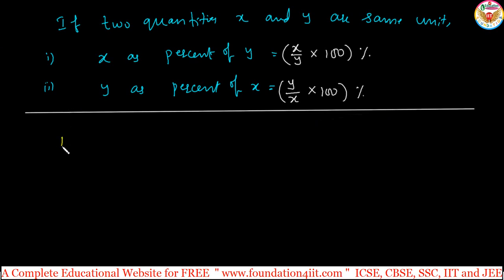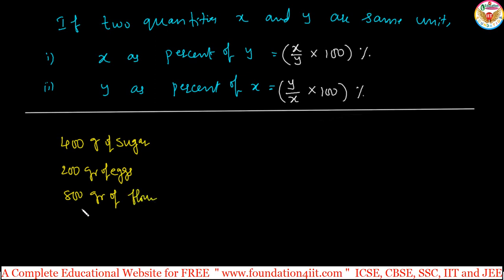For example, let's take 400 grams of sugar, 200 grams of eggs, and 800 grams of flour. Weight is what I'm taking. And let's take 100 grams of dry fruits.